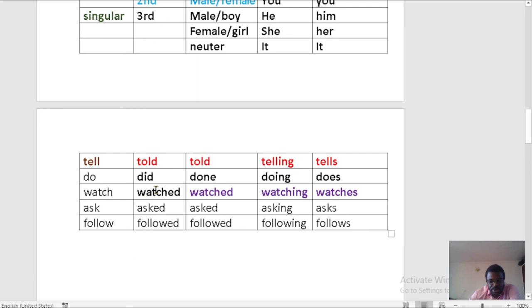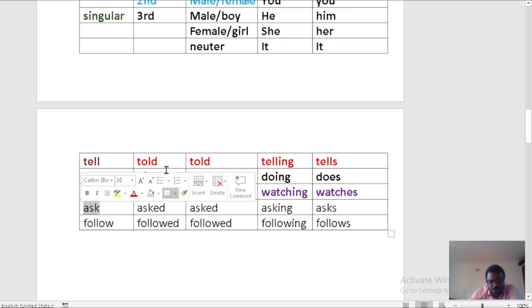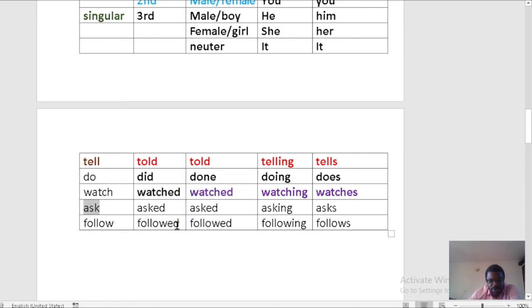Here we call this one a regular verb. Regular verbs to form the V2, V3, we add ed. So here we just have watched. Here is also a regular verb. So to form the simple past, we just add ed, becomes asked, followed. These are regular verbs.